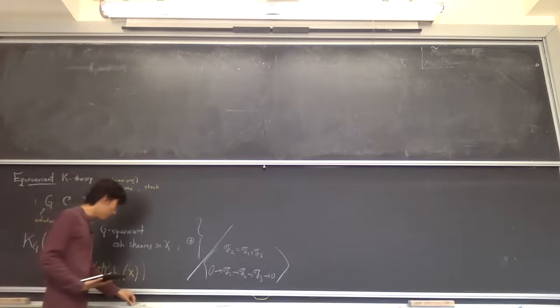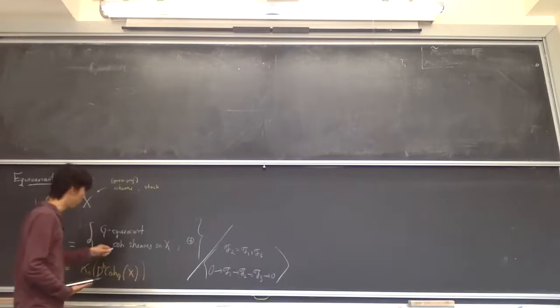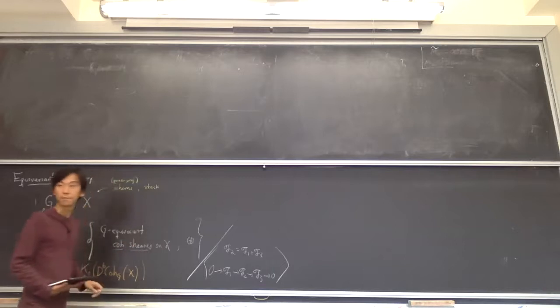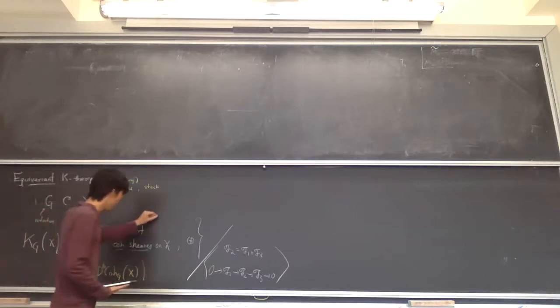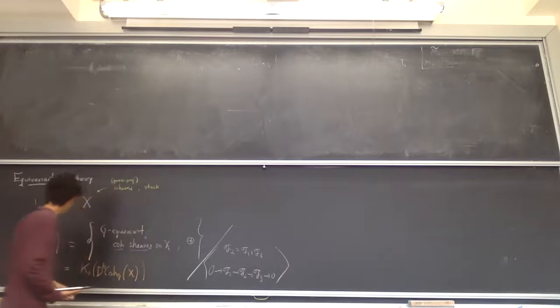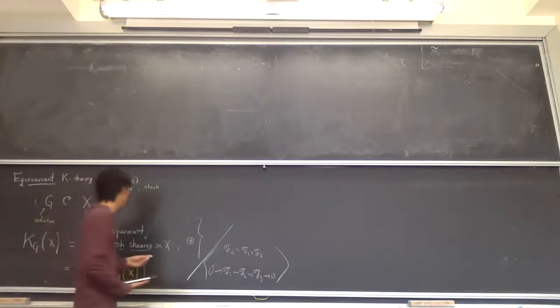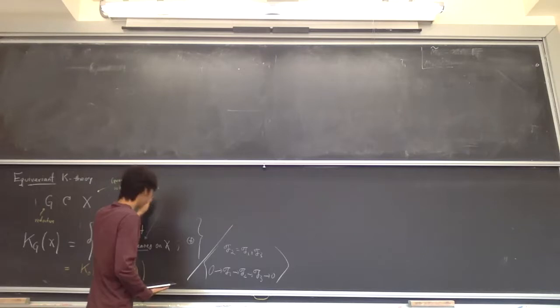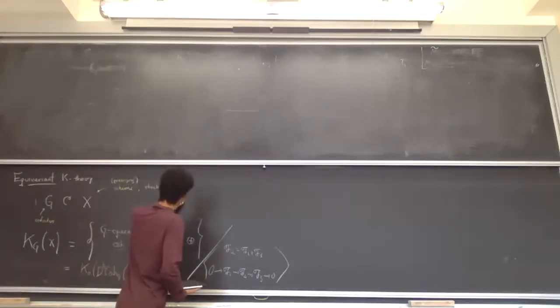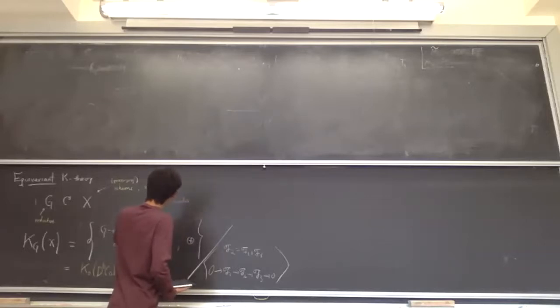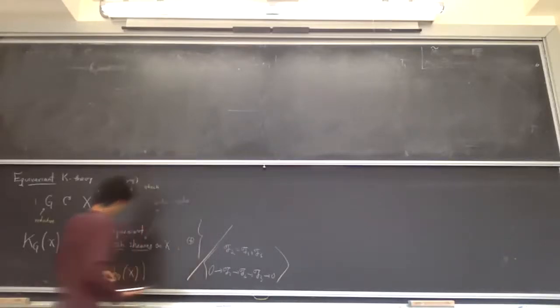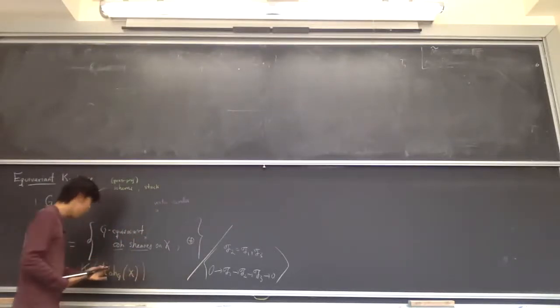And you might wonder, and this is an important technical point, why do we take coherent sheaves here? The answer is, equally well, you can consider variants of this group that I've written down, where instead of taking coherent sheaves, you really just take vector bundles. Or even better, you can start not from D^b Coh, but from the full subcategory of all perfect complexes.